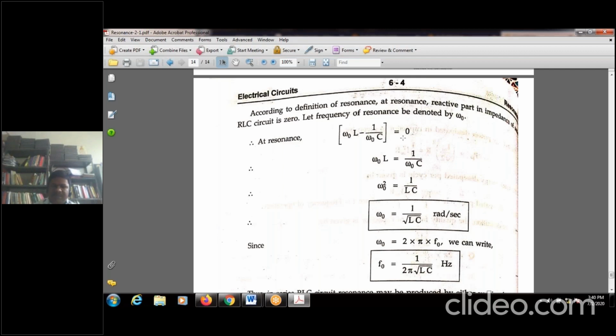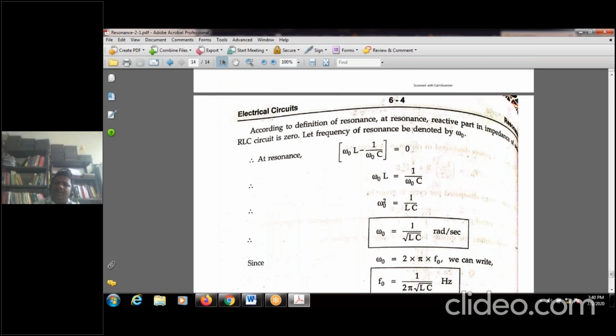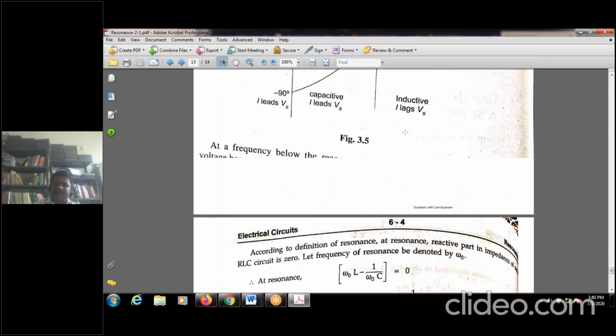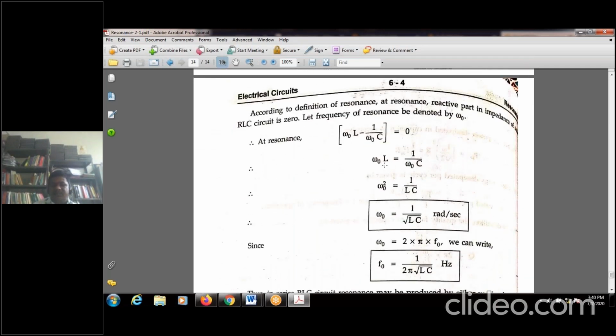These two impedances are cancelled. Then simply substitute: omega naught L is equal to 1 by omega naught C. Then with simplification, omega naught square is equal to 1 by LC, and omega naught is equal to 1 by root LC. And omega naught is equal to 2 pi F naught, then F naught is equal to 1 by 2 pi root LC. This is the resonant frequency.